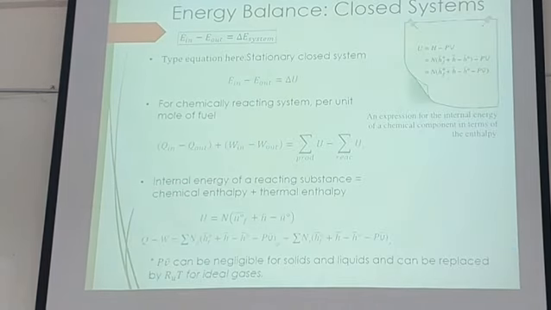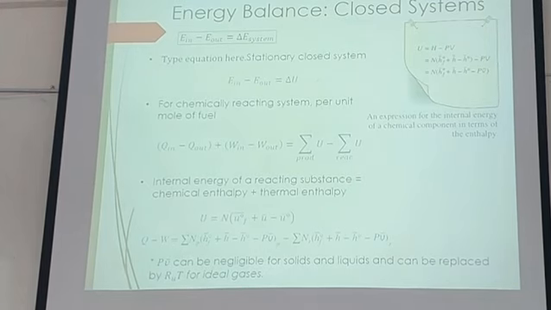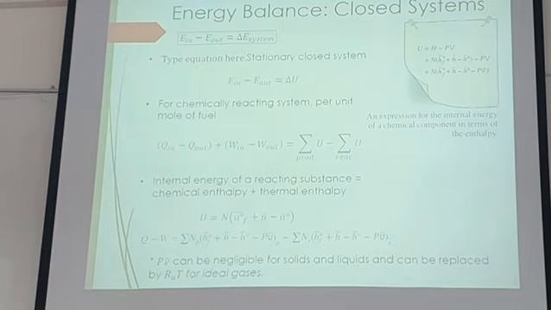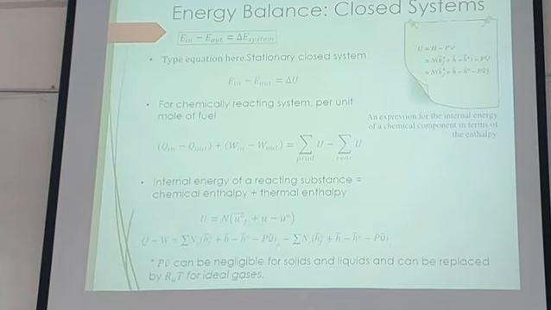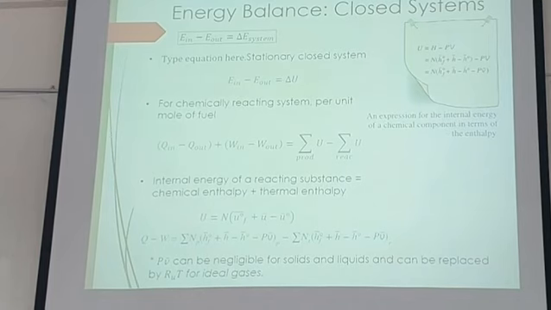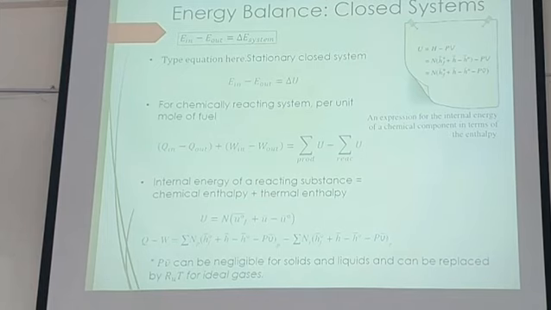Now, I keep saying that combustion reaction is an open system. So why do I have a closed system example here on how to solve this question? Can anyone give me an example of a combustion process in a closed system? That one technically is also an open system.